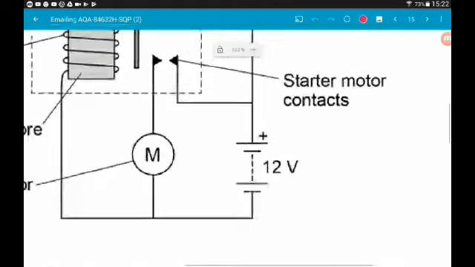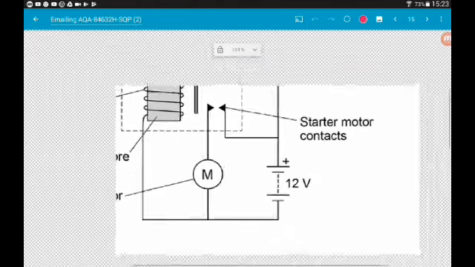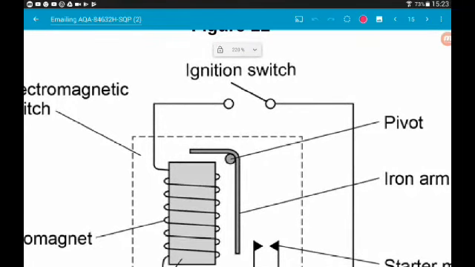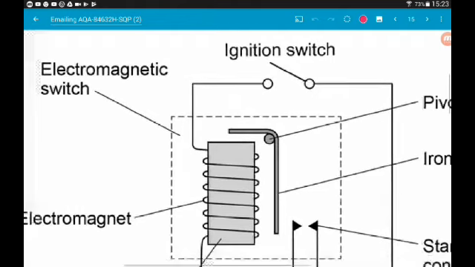Okay, so starting down here in the bottom right, we've got our 12 volt battery. Now if we go up to the top, this really is where our story starts, with the ignition switch. So when we turn the key in the car, we are closing the ignition switch. That then allows a current to flow to the electromagnetic switch.